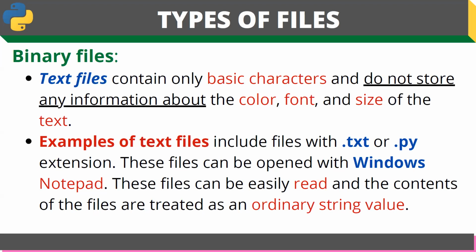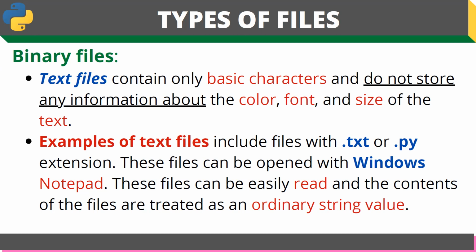Text files can contain only the basic characters and do not store any information about the color, font, and size of the text. Examples of text files include files with the .txt or .py extension. These files can be opened with Windows Notepad.